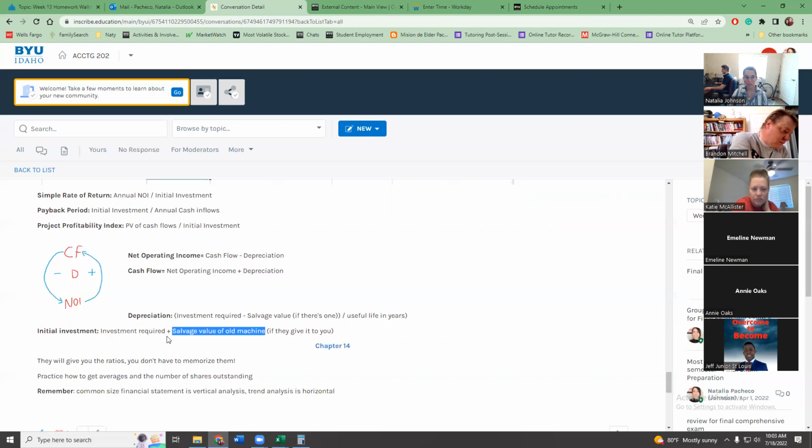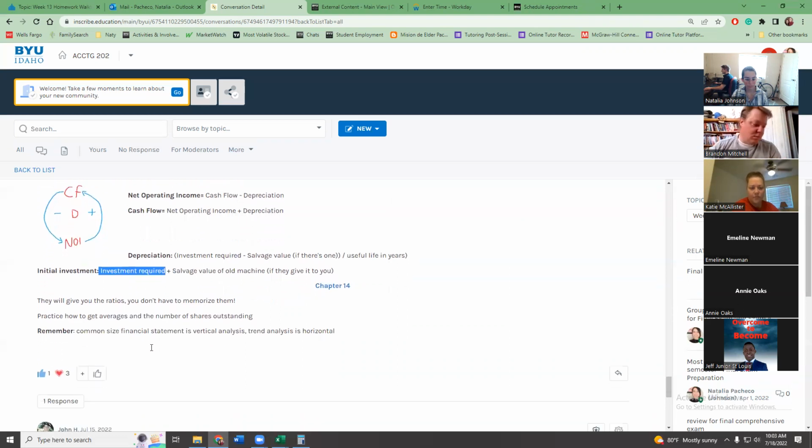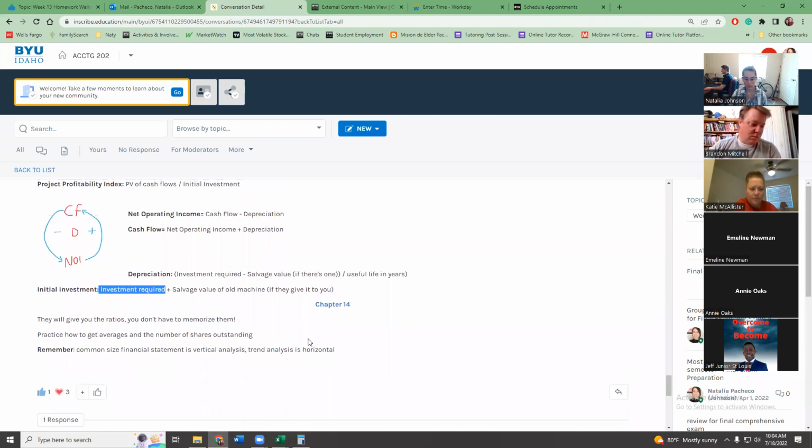Or well, basically you subtract it, because the initial investment is a cash outflow, so it's negative, and the salvage value is positive. And then chapter 14, just like using the ratios, and make sure again whether the numbers they're giving you are in thousands or not.